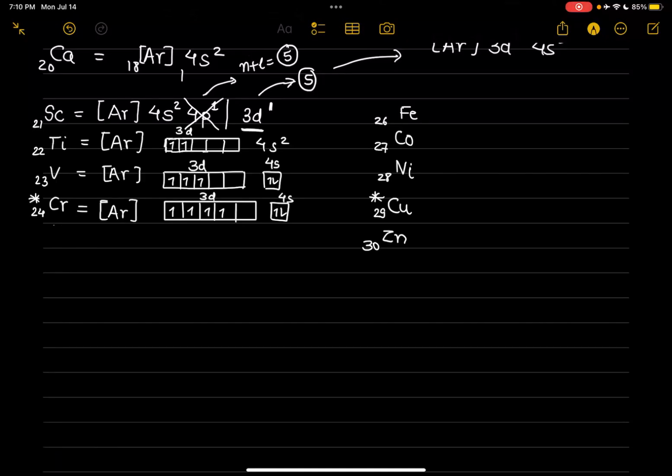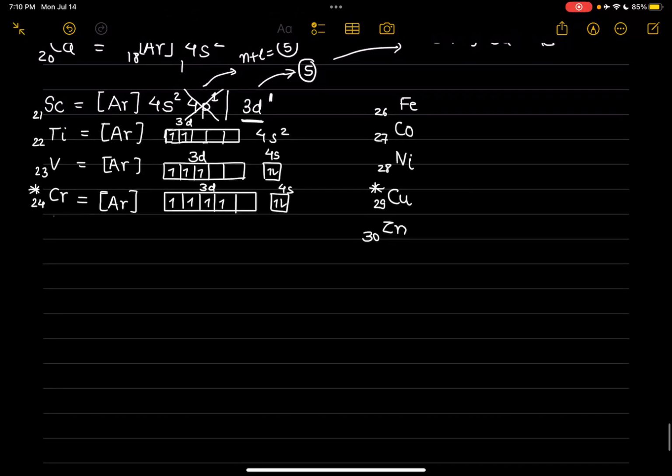Chromium is an exception. An exception means there is something wrong with the usual pattern. That's why it is an exception. We are not going to write this electronic configuration. What we are going to do is move one electron from 4s to 3d.